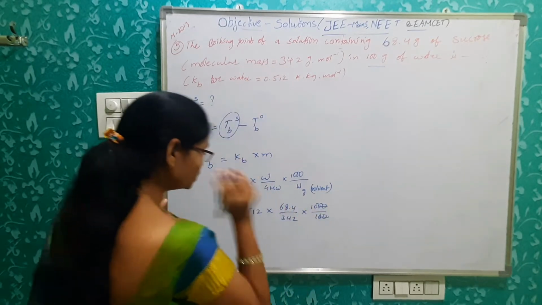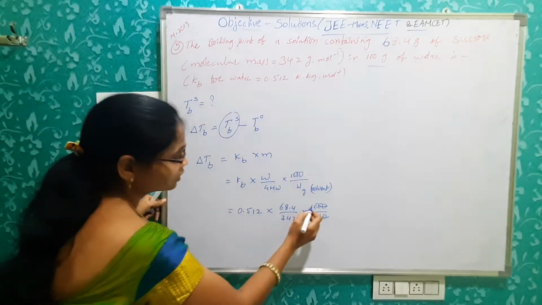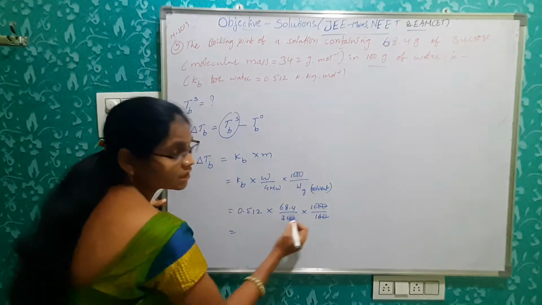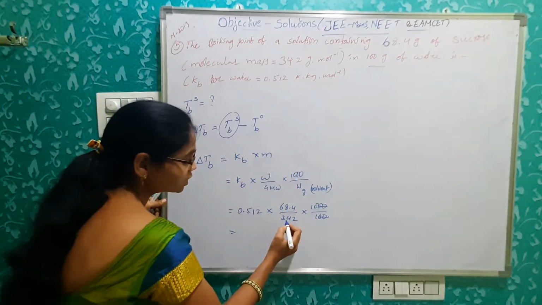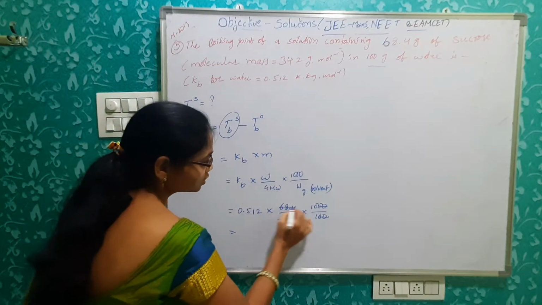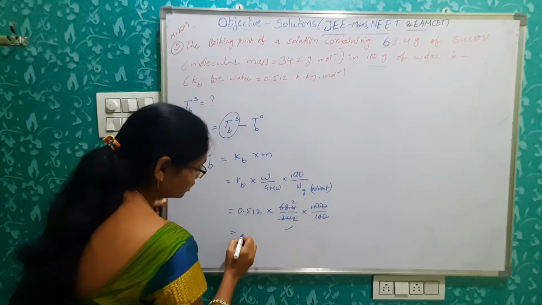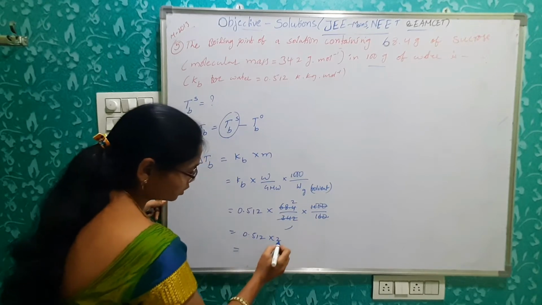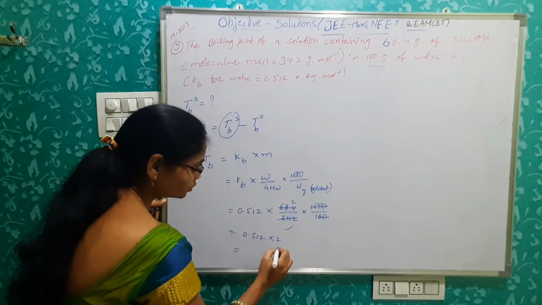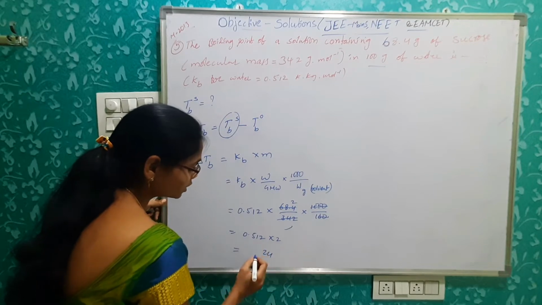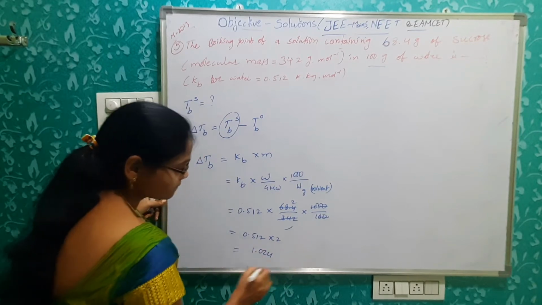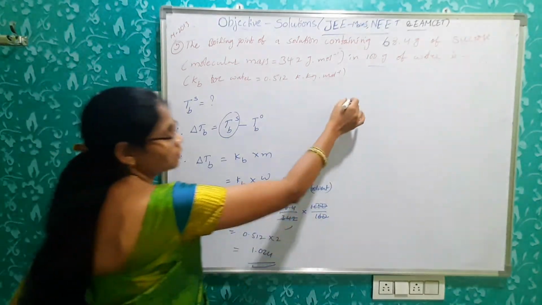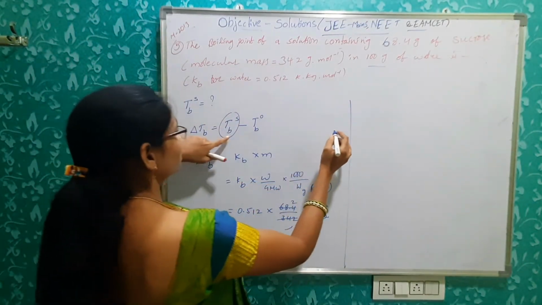Two zeros mutually cancelled. So how much? 68.4 into 10 means 684. 684 means 1s, 2s. 0.512 into 2 only. How much? 2 2s are 4, 2 1s are 2, 2 5s are 10. Okay, delta Tb 1.024. Now calculate TBS.